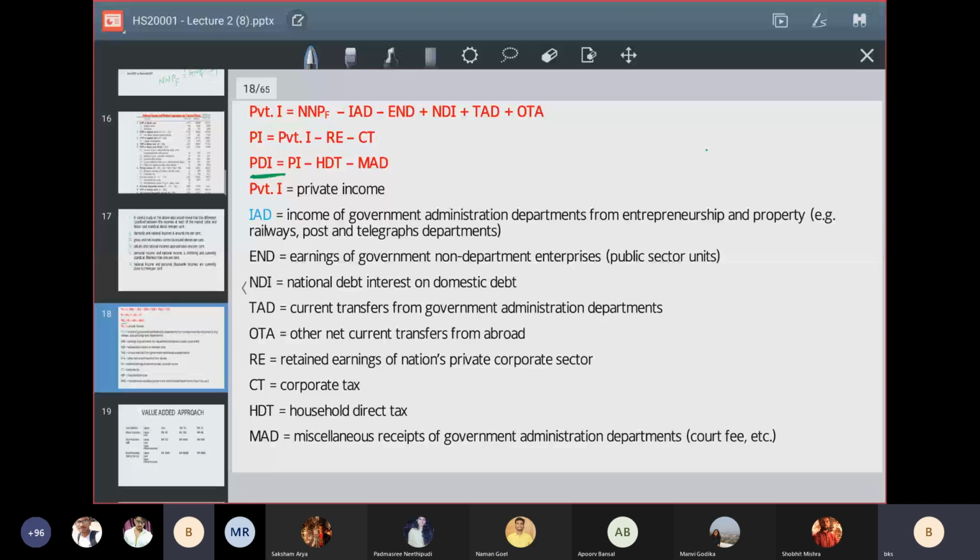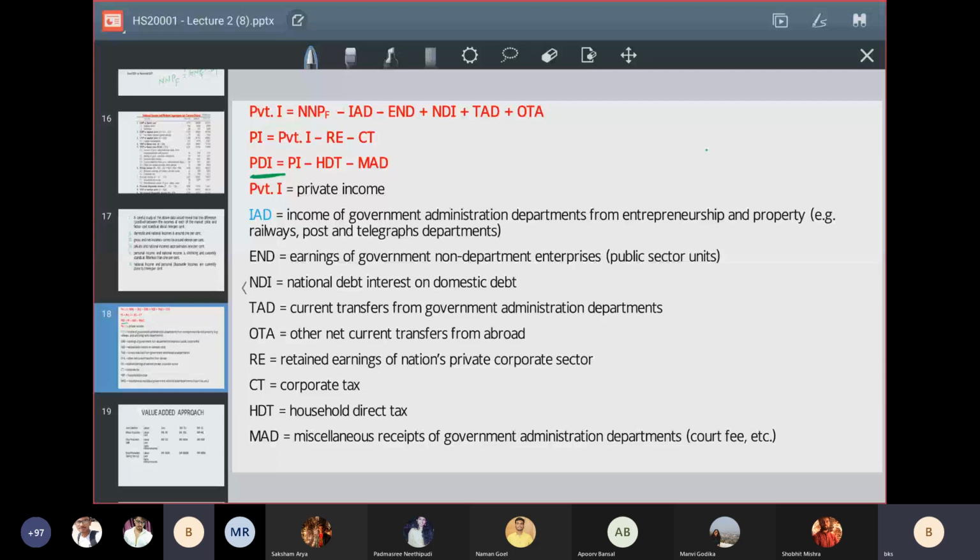So from the personal income we can deduct the direct taxes, because the direct taxes paid are not in your hand to spend. Similarly, the fees you pay to government agencies, or the fines you pay, are not with you to spend. That is why we deduct those things.